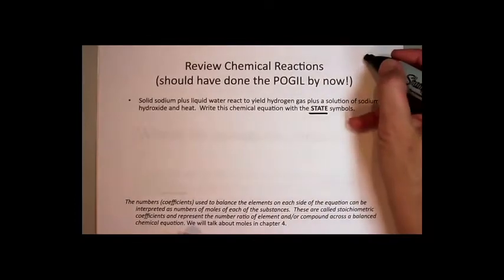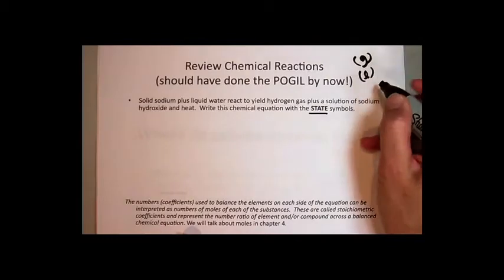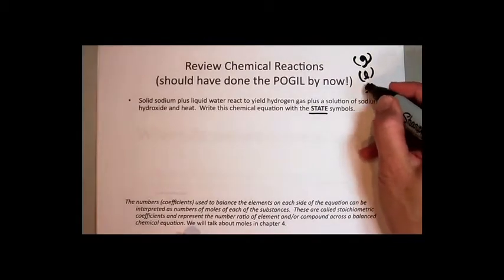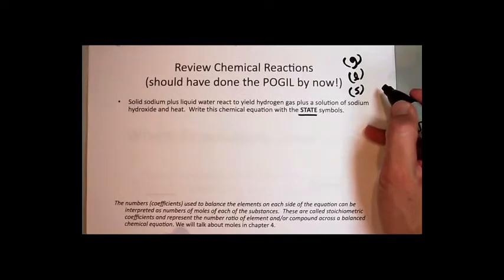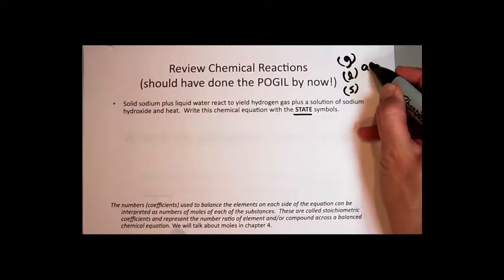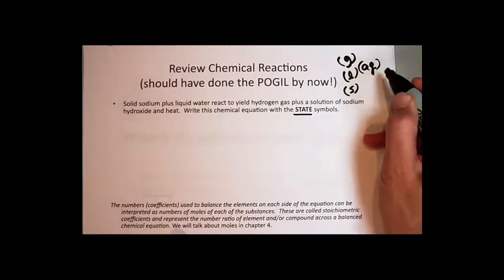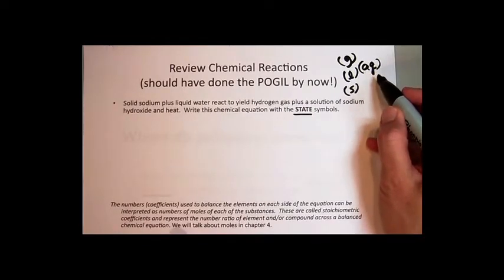The symbols we use are a lowercase g for gas, a little cursive l for liquid, and a lowercase s for solid, to indicate that those reactants and products are in those particular states. There's one more state, and we'll talk more about this particular state not till next semester, but it's aq, which stands for aqueous, which means it's dissolved in water.